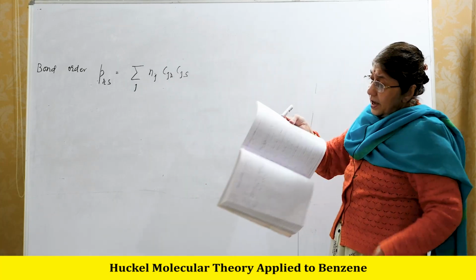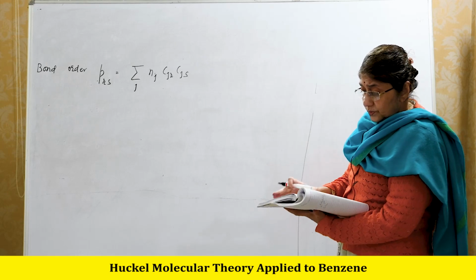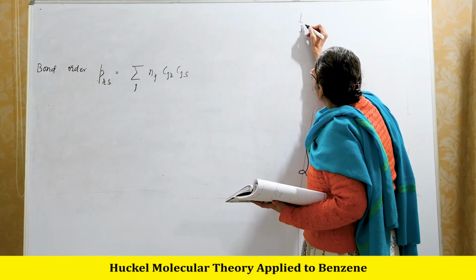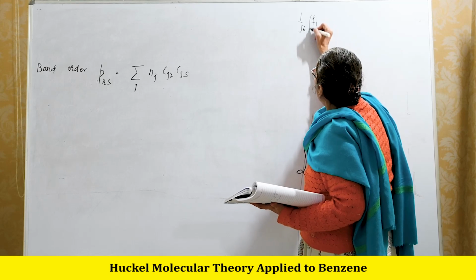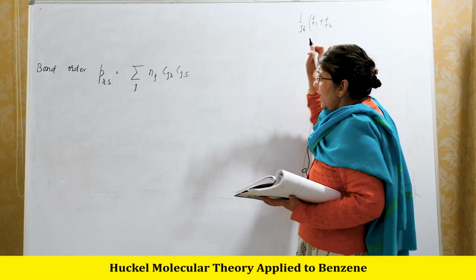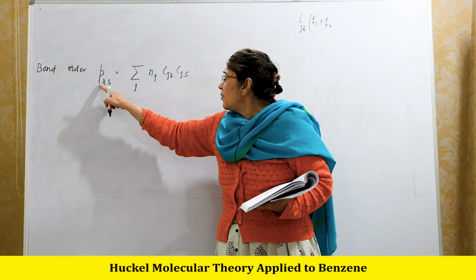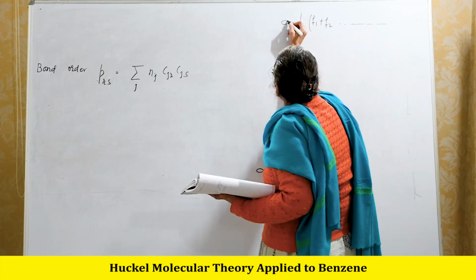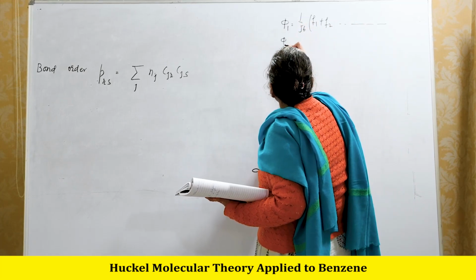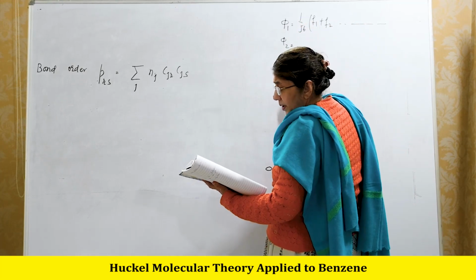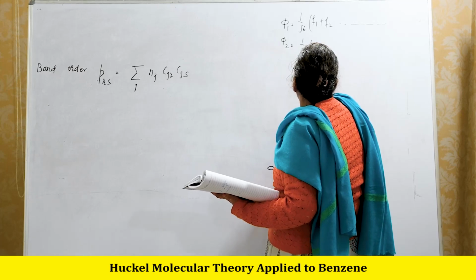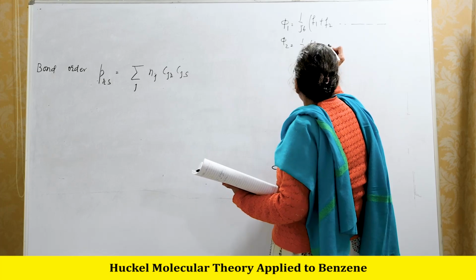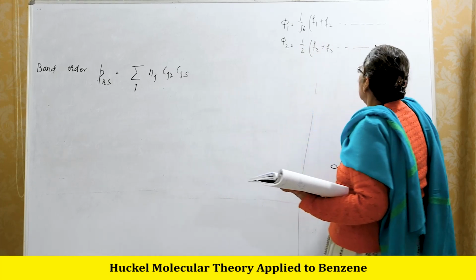For this I will have to write all the orbitals. Phi 1 is 1 by root 6 (F1 plus F2 and so on), and phi 2 is 1 by 2 (F2 plus F3), in which F1 is missing.